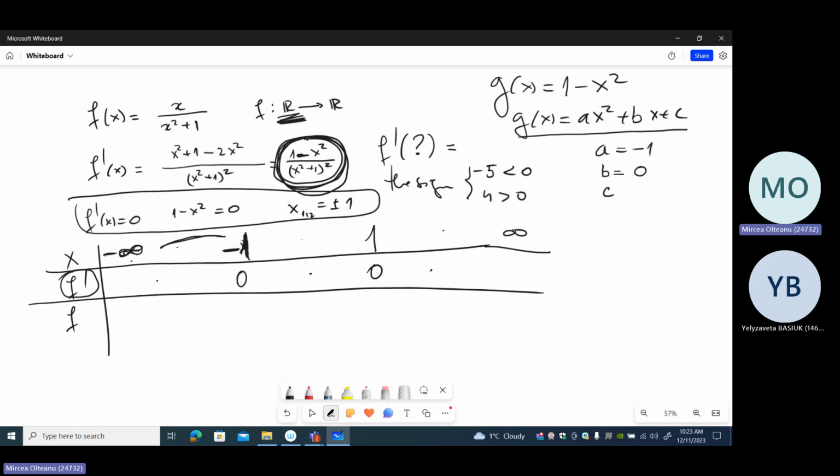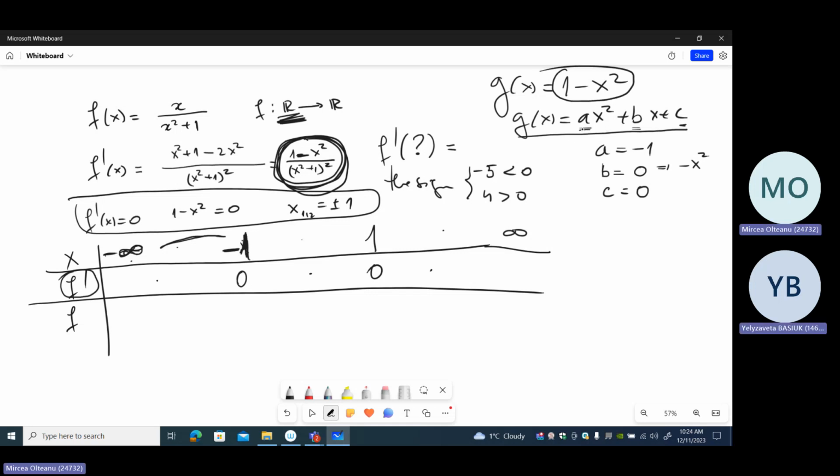And C is? C also 0. If C would be 0, then the function would be minus x squared. Yes, if you replace here A by -1, B by 0, and C by 0, you don't get 1 minus x squared.